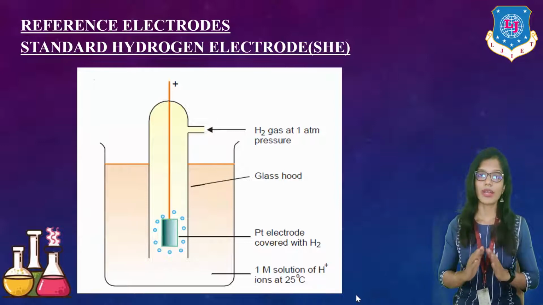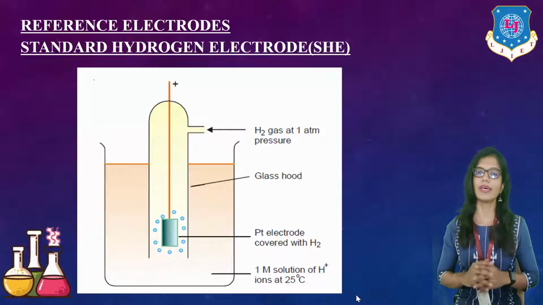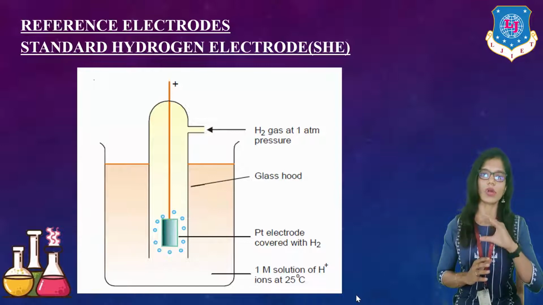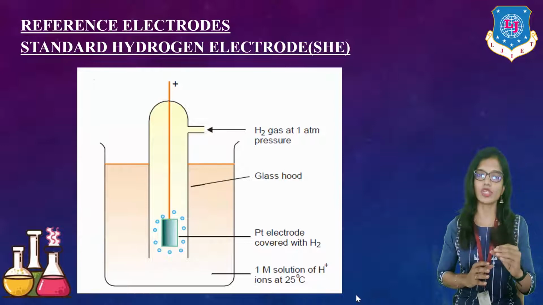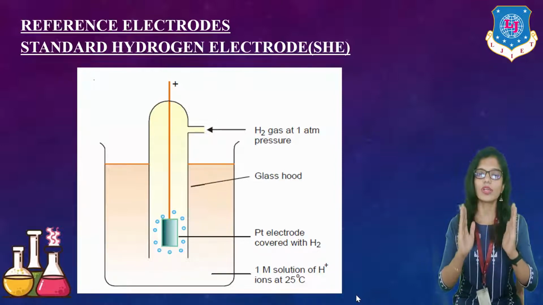That glass hood structure will be dipped in a one molar solution of H plus ions at 25 degrees Celsius. The platinum electrode is surrounded by H2 gas, which is input at 1 atm pressure.